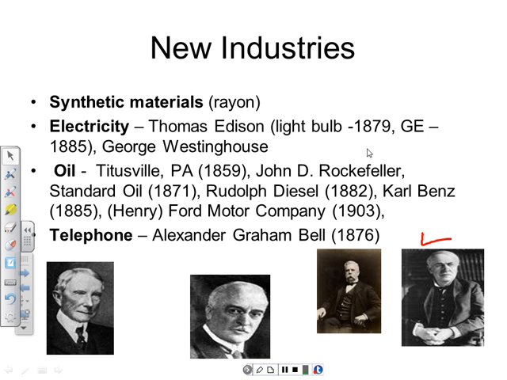Another big new material that was being used was oil. Oil was this sticky stuff, but in about the 1850s they figured out that you could take oil and make kerosene from it, and kerosene can be used to produce light and also as heating oil, for kerosene lamps and kerosene ovens and so forth.